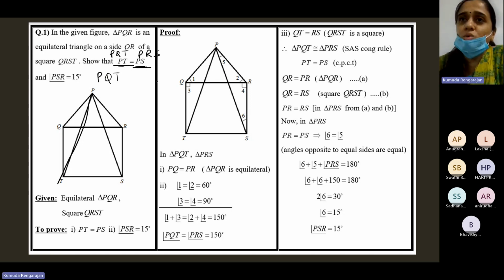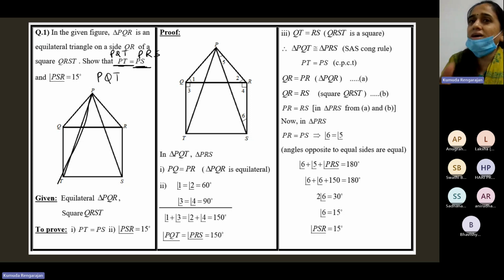When you need to show that two line segments are equal, mostly, in most cases, PT will be a side of one triangle and PS will be the side of another triangle. So to show that PT is equal to PS, we need to show that these two triangles are congruent to each other. That means these two triangles are identical, and so their corresponding sides, PT and PS, are equal.